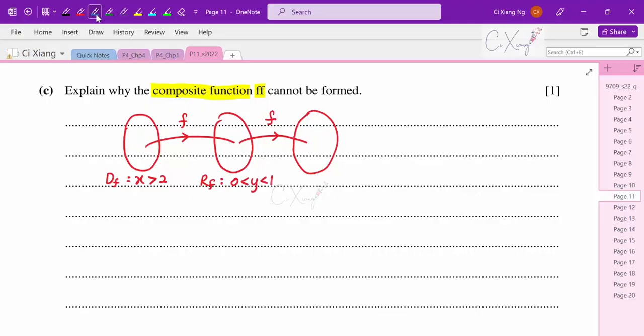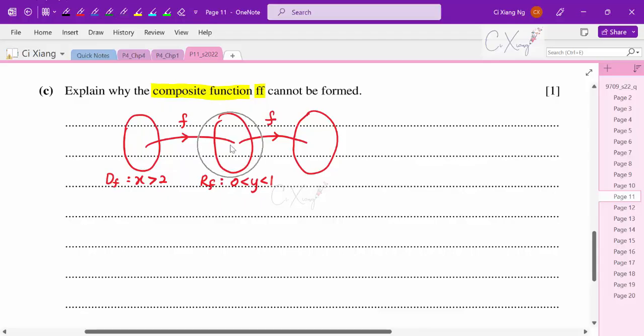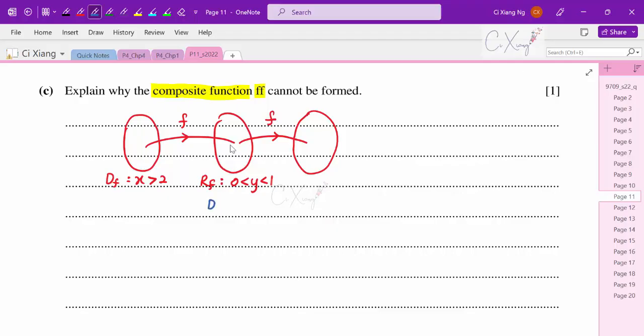Okay, but at the same time, this second set of values also denotes the domain of the function f when you want to have the second function f composite with the first function f. So this set also denotes the domain of f, where it should be x greater than 2, and the last set of values will be the range of f, where y is between 0 and 1.